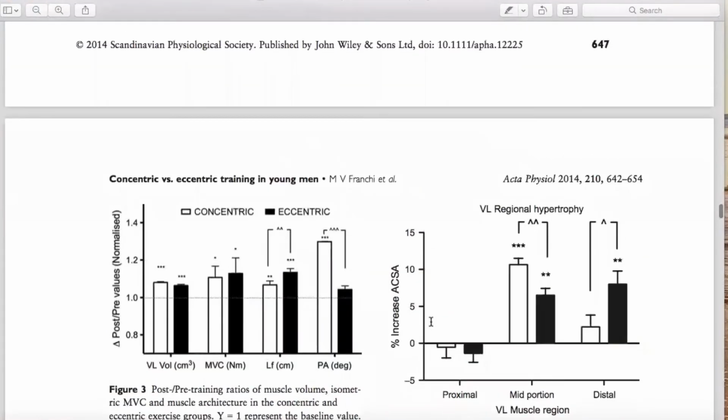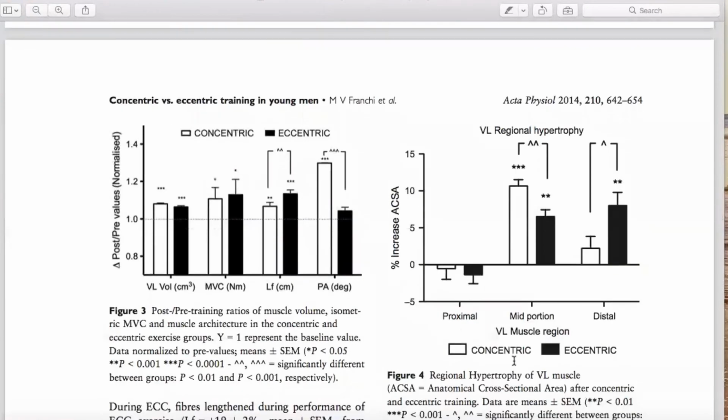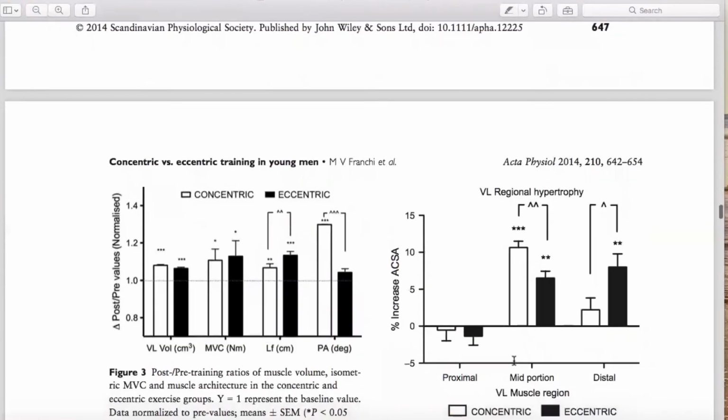Another quite interesting result that we found was the vastus lateralis regional hypertrophy.